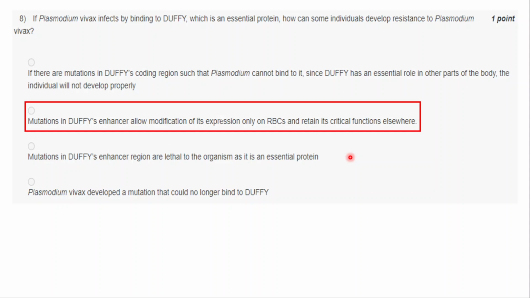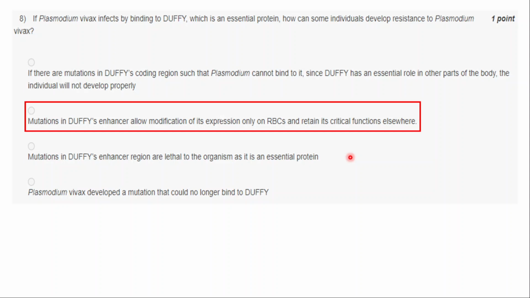This is the reason why a Plasmodium vivax resistant population exists, because such individuals have certain mutations in the enhancer which regulates the Duffy protein, leading to modification of its expression only on the RBCs while retaining its critical function elsewhere.